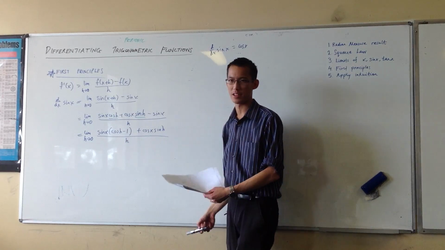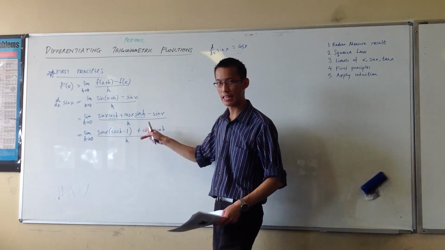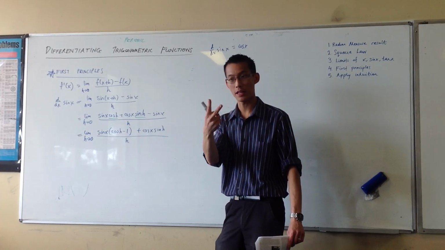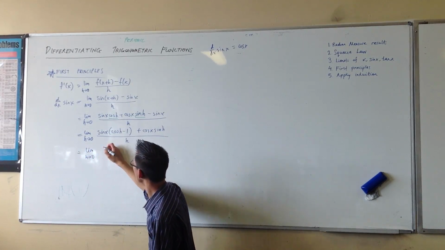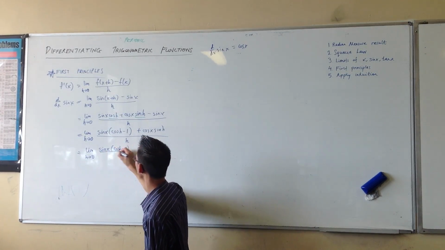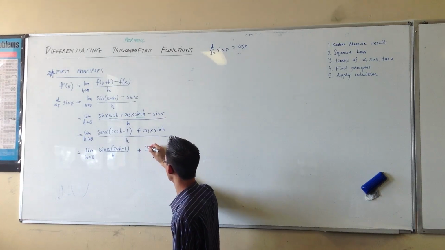This cos h minus 1 is going to be really useful for us in a second. But before I can use it, I need to split apart these 2 parts of the fraction into 2 different limits. So I'm going to put the first one here, which is sine x all over h, and I've got another limit over here.